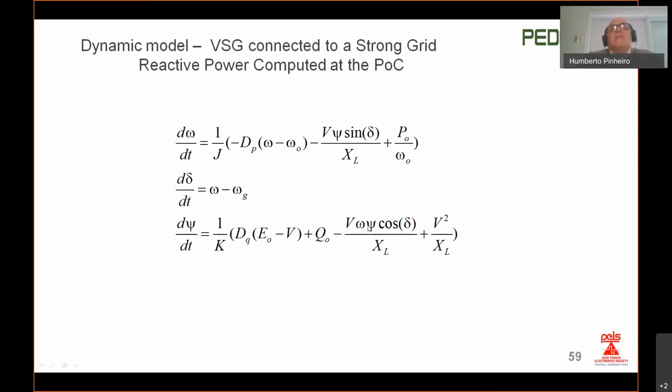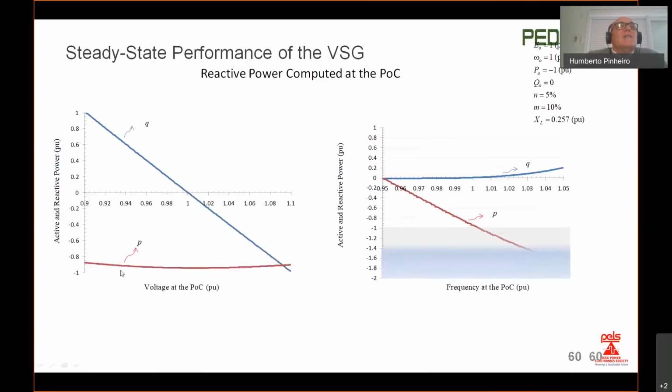So we just have this frequency and flux product over here times sine. The Droop characteristic is as expected because we are measuring the reactive power at the POC. And here, it's important to remember that the reference power is -1 pu. So that's the reason that it is around -1 pu over here.